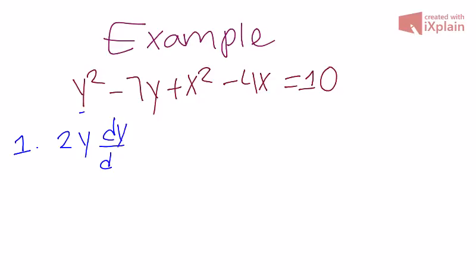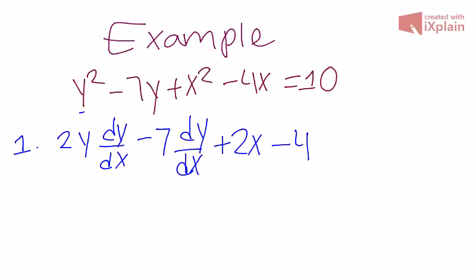However, we also have to add the dy over dx because we treat y as a function of x. Then it's the negative 7y, which becomes negative 7 dy over dx. Following that, it's plus x squared, which becomes 2x. Following that, it's negative 4x, which becomes negative 4. And lastly, you have the equals 10, which becomes 0.